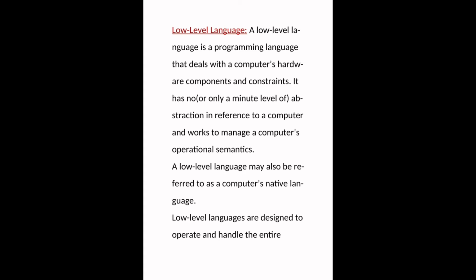Low-level language is the language of computer hardware. Computer hardware means microprocessors, chips, etc. They are designed to use one language that is called low-level language or machine language. So we can call a low-level language the computer's native language.